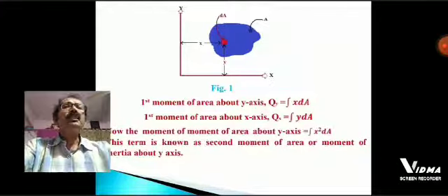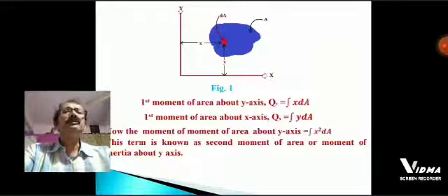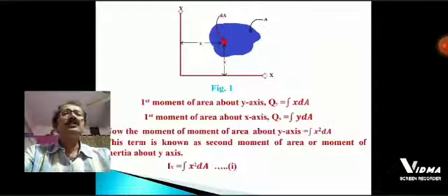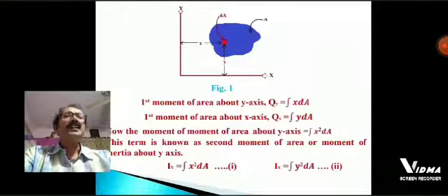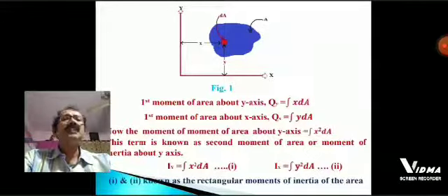Now integration x square dA is known as the second moment of area or moment of inertia about the y-axis. So it is called Iy, that is integration x square dA, and Ix, that is integration y square dA. Equations 1 and 2 are known as the rectangular moment of inertia of the area.